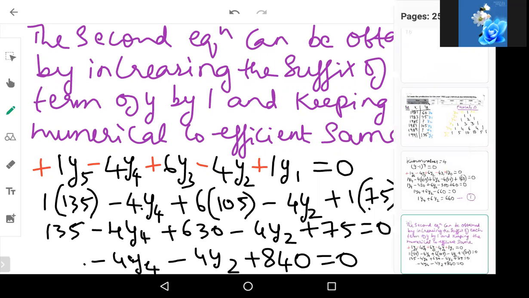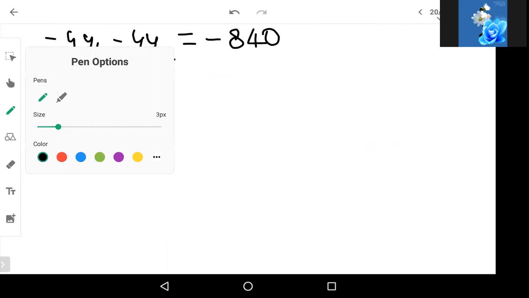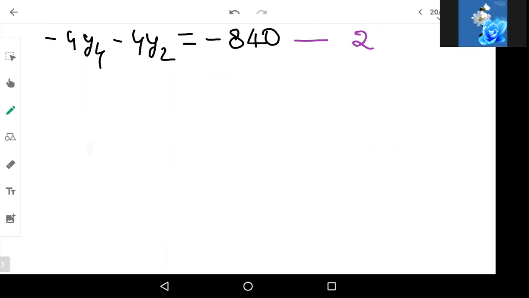Now minus 4y4 minus 4y2 is equal to, if you take 840 to the other side, minus 840. Okay, so this is our equation number 2.